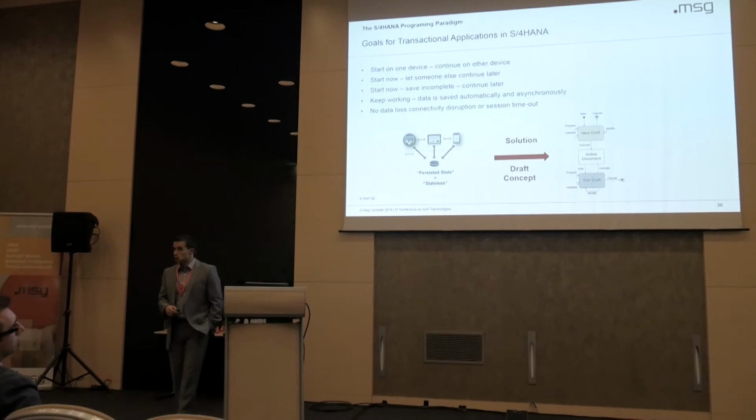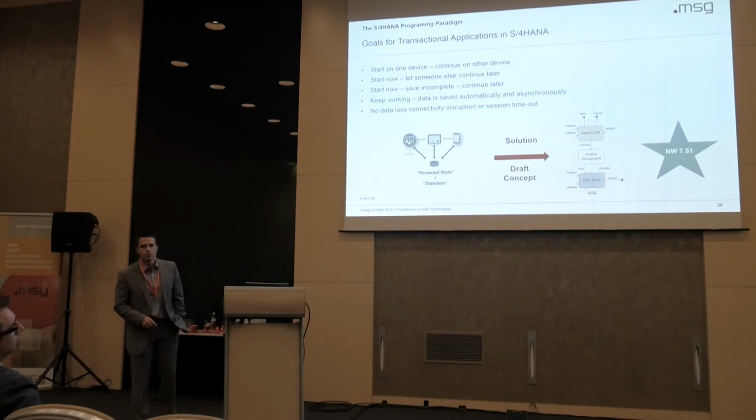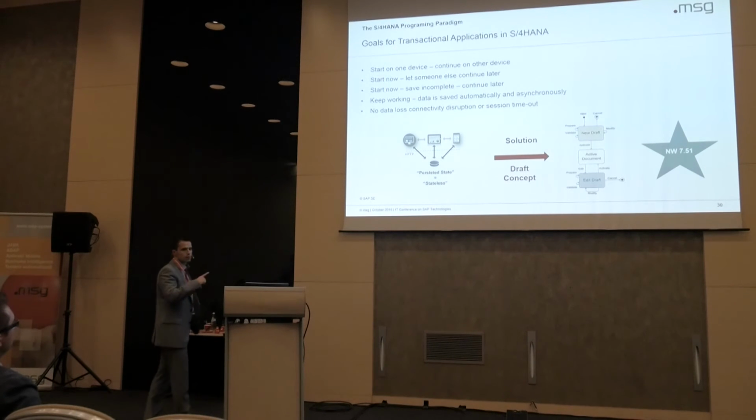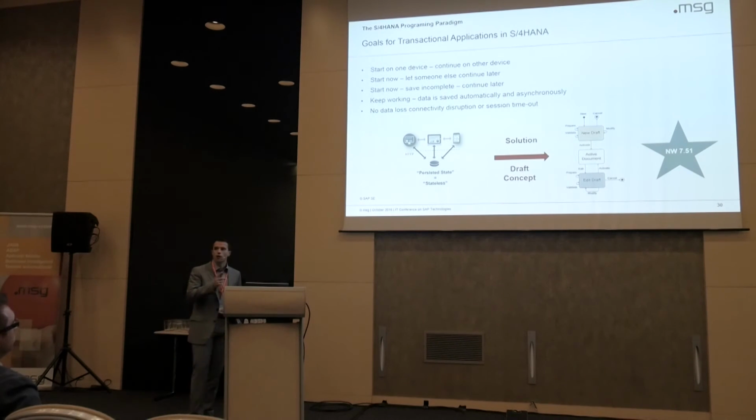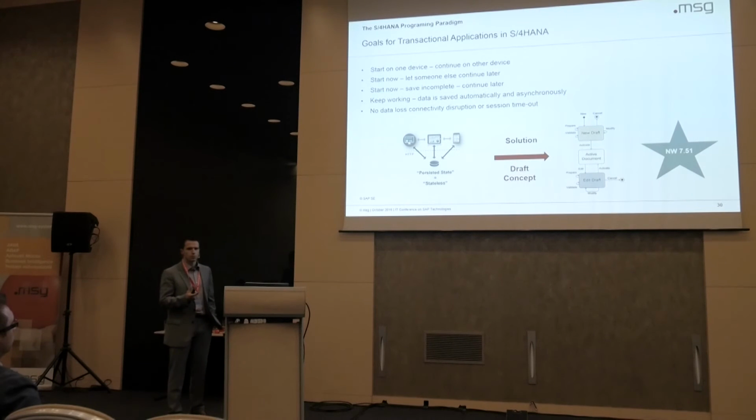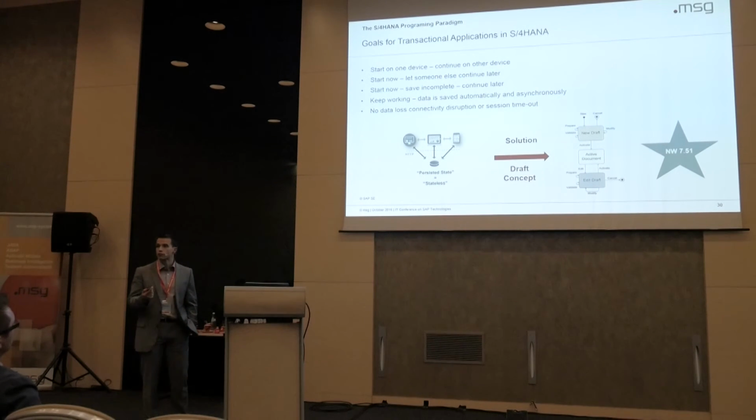This is something that I cannot show you because it was delivered with 750. You find some draft infrastructure within your system. This is something that you should definitely not use because it gets deleted with SP3 or 4 of 750. And the final solution will come with NetWeaver 7.51 for this draft concept.